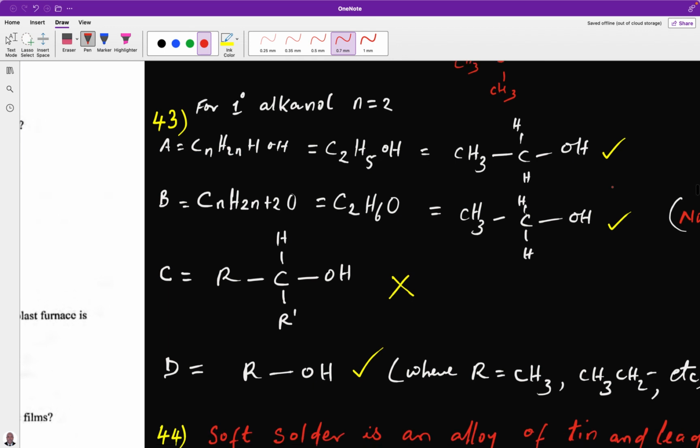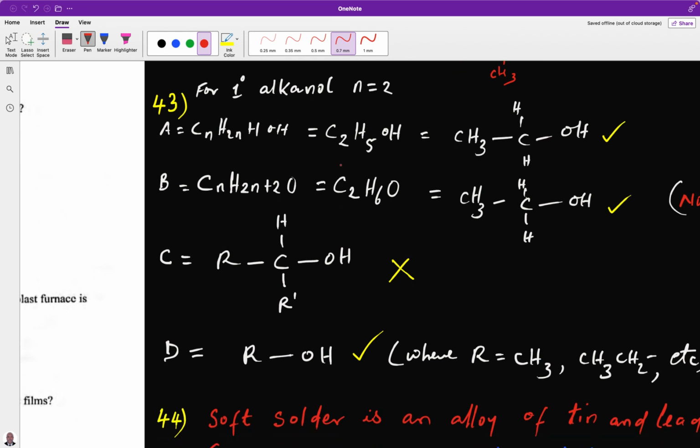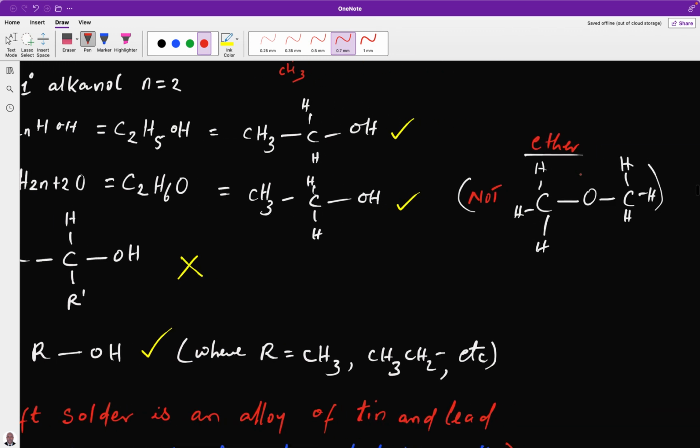Now, the second formula, if we substitute 2 here, it will be C2H6, since 2 times 2 plus 2 is 6. If we write the isomer for this, it is still the same thing. But remember, please, there is another isomer for this formula. We call it an ether.